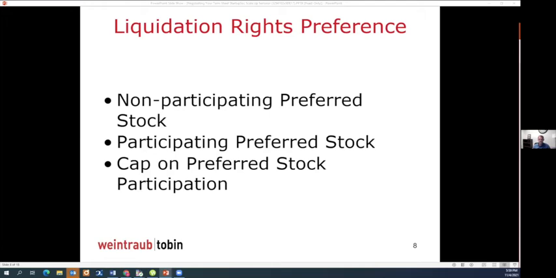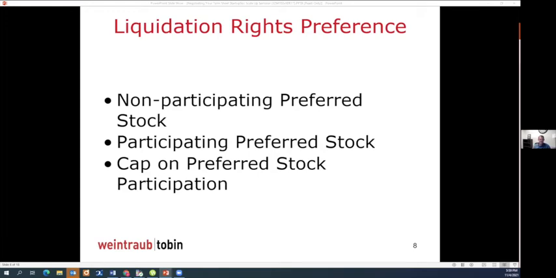Participating preferred is where you have that same return of capital or multiple, and then they also get to convert into common stock and participate at that next level. So that's obviously a great benefit for the investor, because they double dip in that scenario.